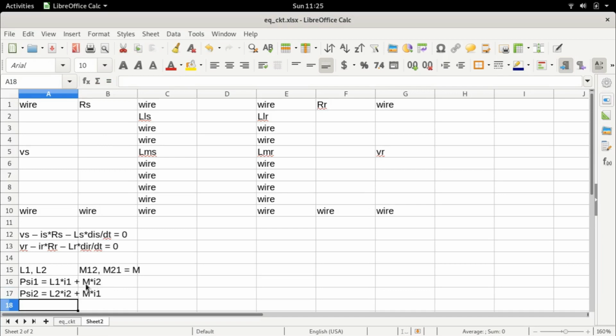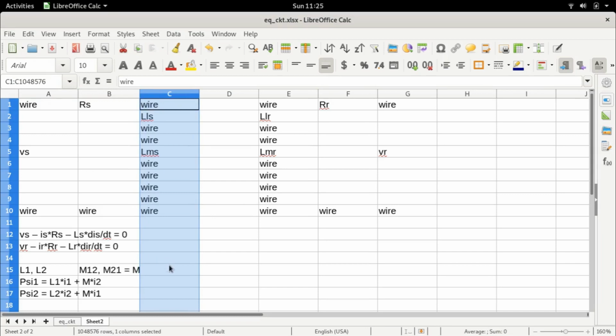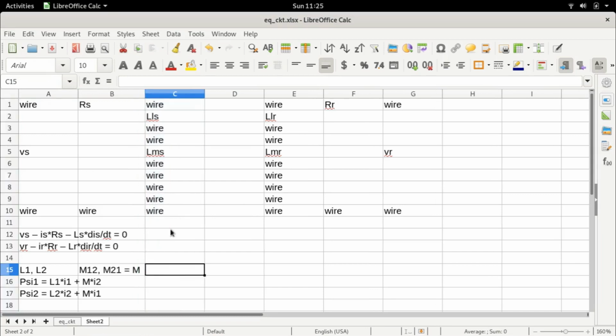And that magnetically coupled inductor has this mutual inductance M. And the question is, what is this M? This M is usually expressed as M equals K into the square root of L1 multiplied by L2.